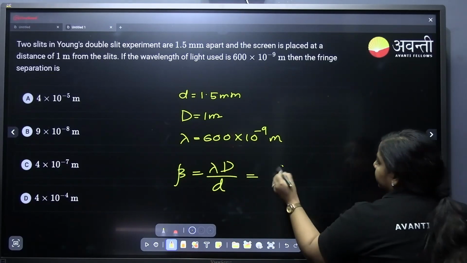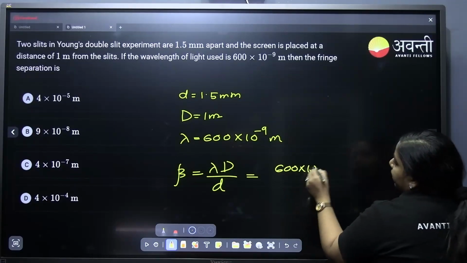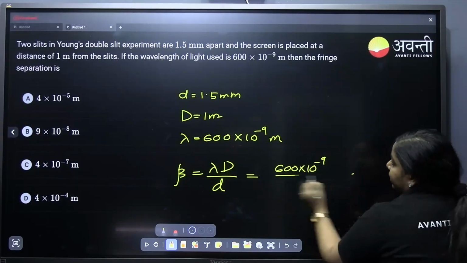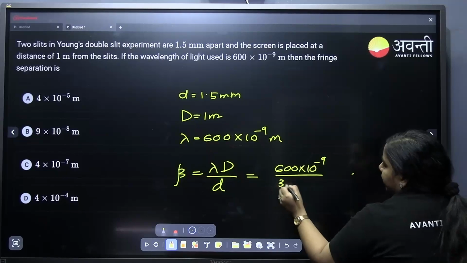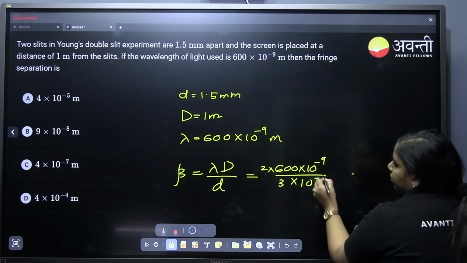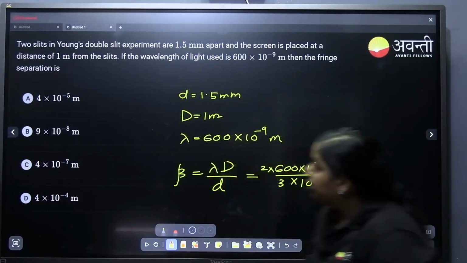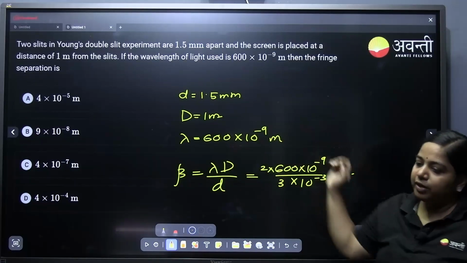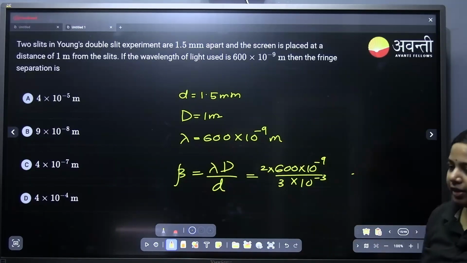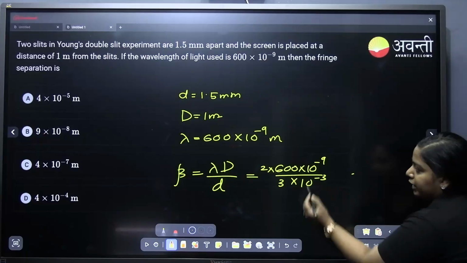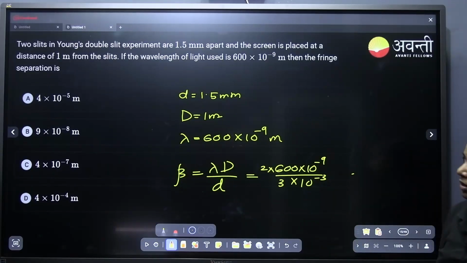That is lambda equal to 600 into 10 to the power minus 9, D is 1 meter, divided by 1.5, which I am writing as 3 by 2 into 10 to the power minus 3. Yes, we have to convert millimeter to meter, then only we will get the answer. That's why I write 10 to the power minus 3.